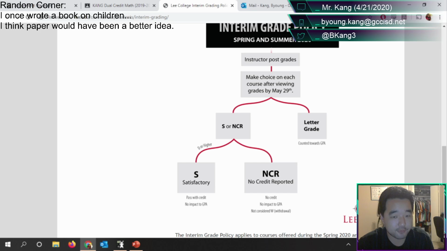So it's like a free drop, and you can make this decision after you see your grade. So you can take it as a pass-fail, except there's no fail. It's like a pass-skip. I guess that's the best way to put it. And this is only for this semester and for the summer if you're taking any summer classes.